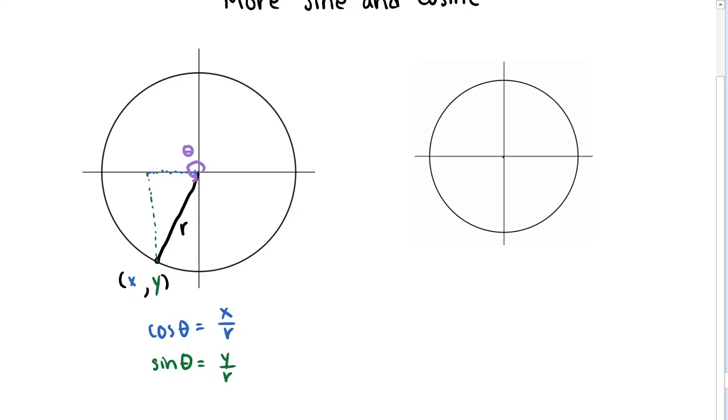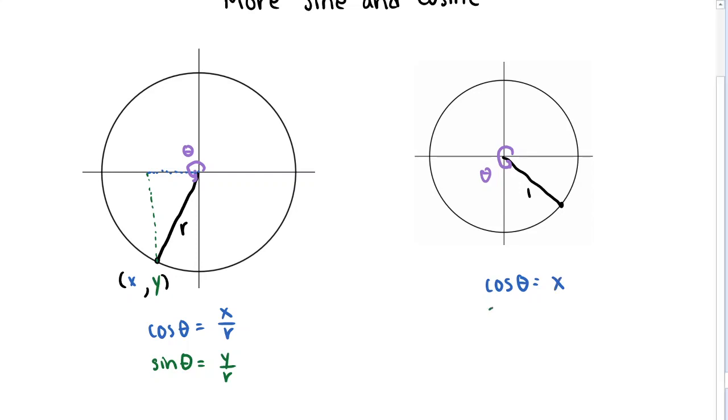Right? So if I have a circle of radius 1 here, and I look at an angle of theta, cosine of theta and sine of theta are really defined the same way. But because we're looking at a circle of radius 1, we have x over 1 as the ratio, x over r, x over 1 in this case. So we just have x.